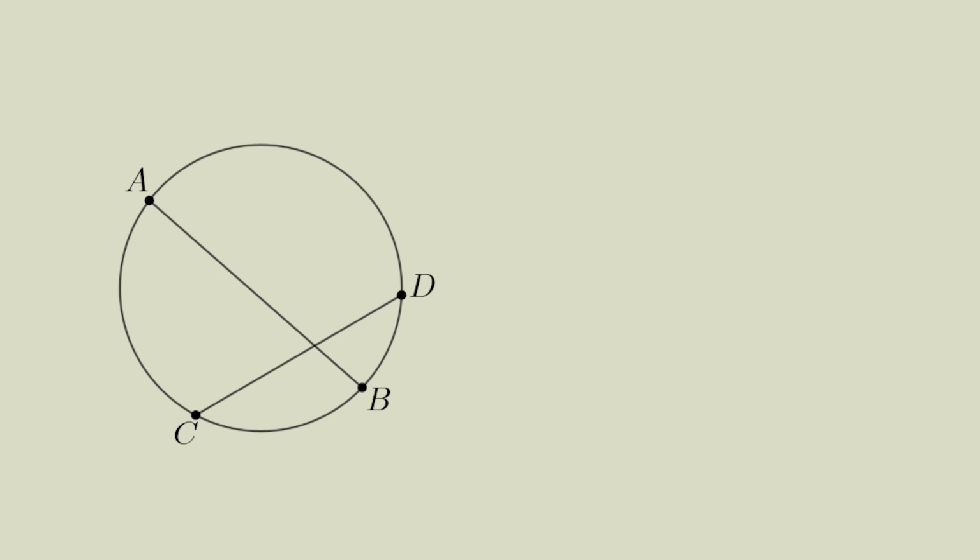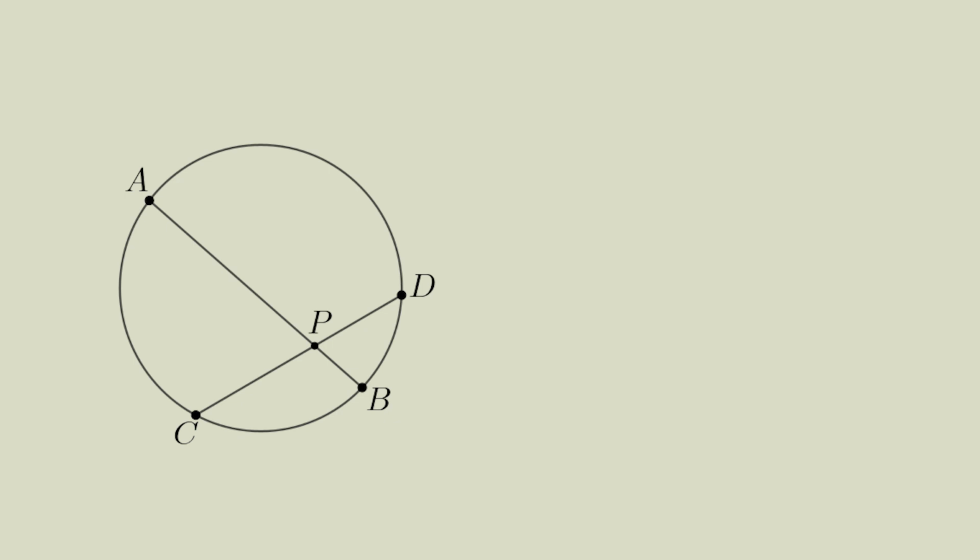Let us say the point is P. The 2 chords are divided into 4 parts, namely PA, PB, PC and PD. We need to know if there is any relation between these 4 parts.